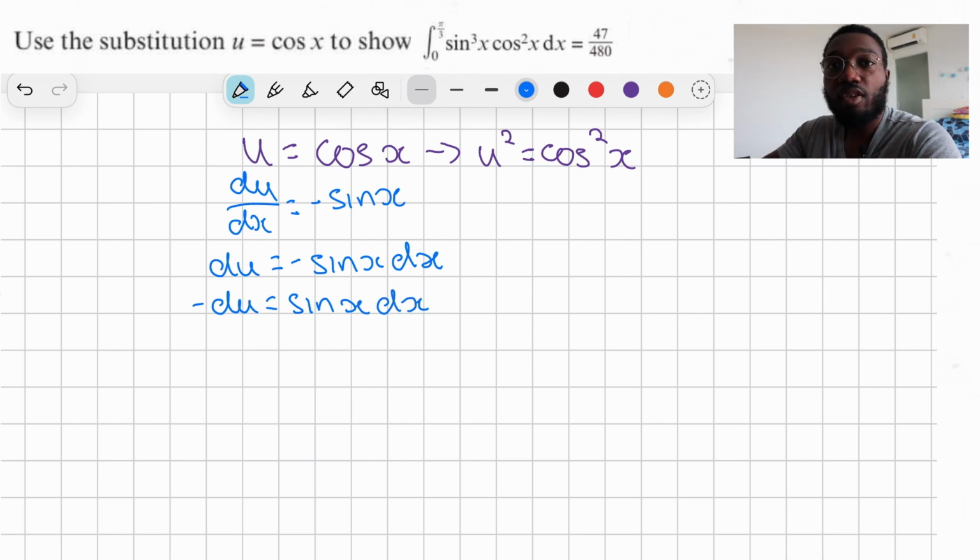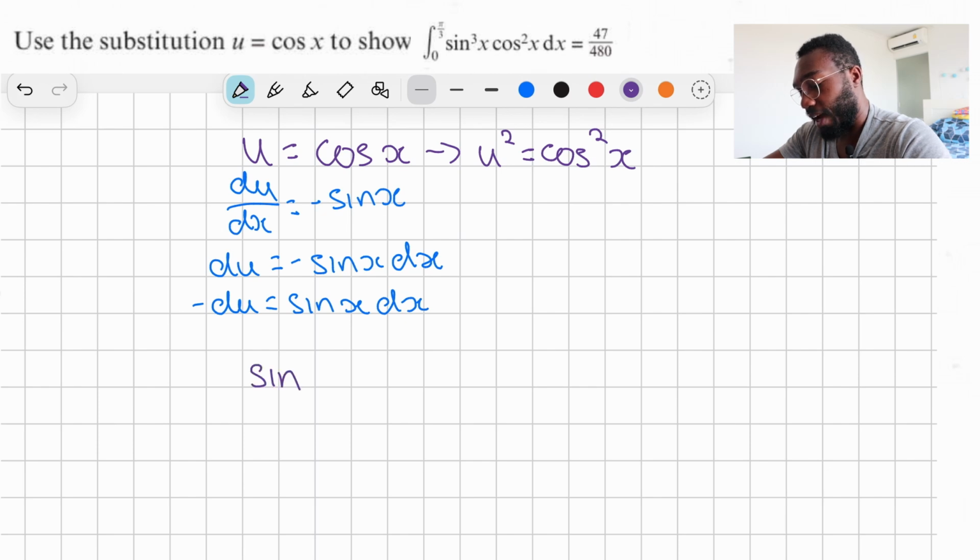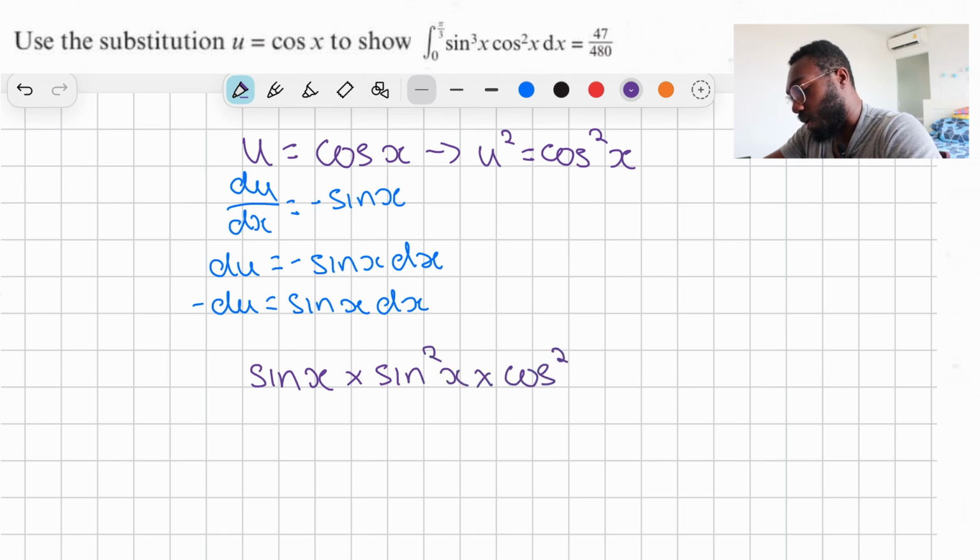Now it's looking pretty good so far, because right now we have a sine x and we have the cosine squared x, but we're missing something. If I just rewrite the equation, this is effectively what we have: a sine x times a sine squared x times a cosine squared x dx.